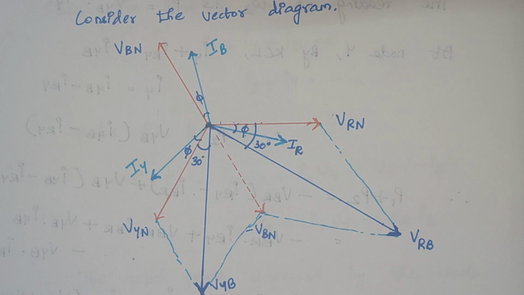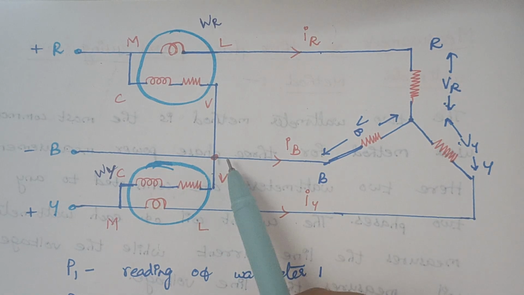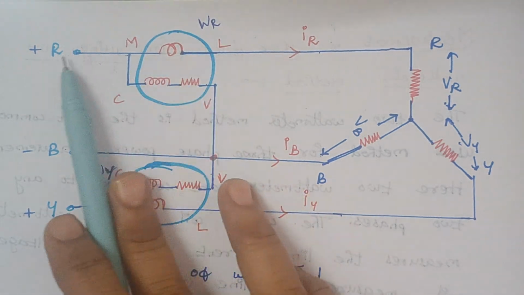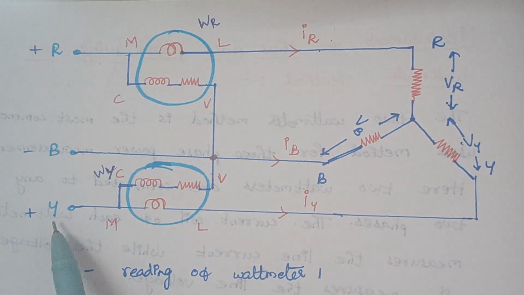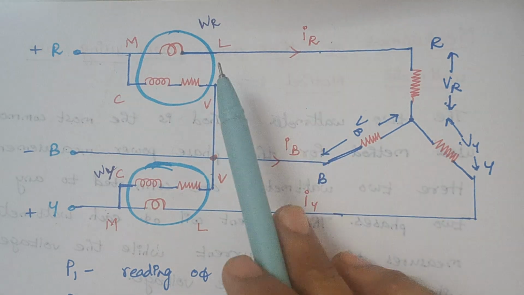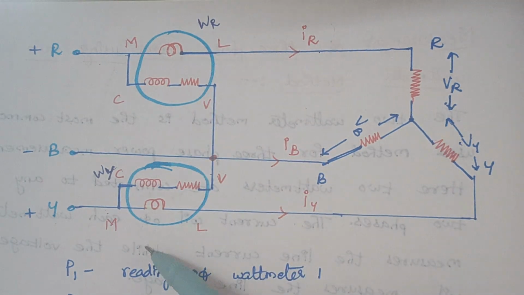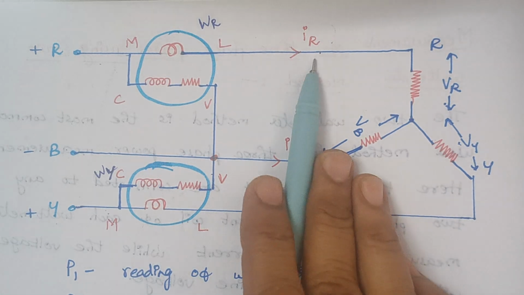Now we are going to look back at the circuit diagram. Here we have two wattmeters. The wattmeter connected to the R terminal we mention as WR, and similarly the wattmeter connected to the Y terminal is WY. The current which flows through WR, the line current, is IR.